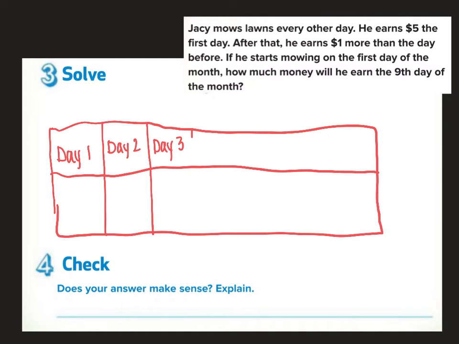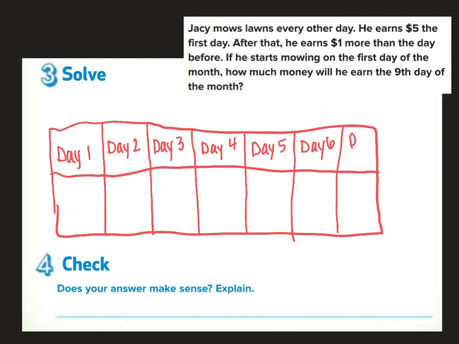Day 3, day 4, day 5, day 6, day 7, didn't make my rectangle, then you just extend it, see, there we go, cut this in 2, because then I can do day 8 and day 9.